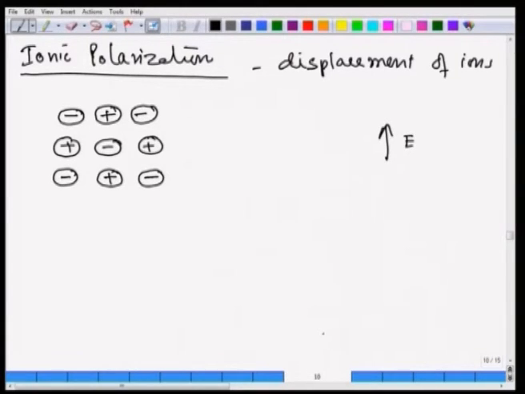What happens in this case? If you apply the electric field in this direction, positive charges are going to move and negative charges are going to move. If I draw this, this is a positive charge which has displaced slightly, and a negative charge which has come here, and a positive charge which has moved away, and another positive charge moved here, and a negative charge which is here.